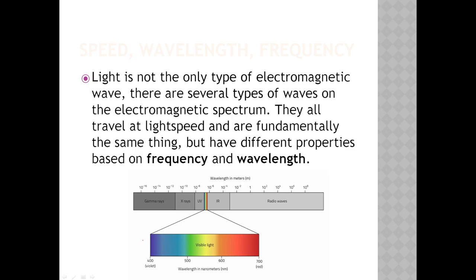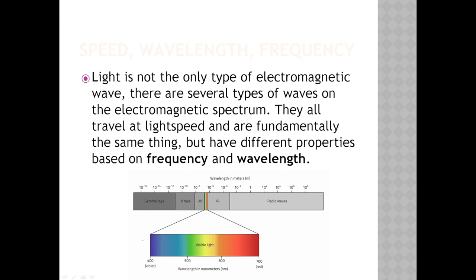And so different types of electromagnetic radiation all have different frequencies. For sound, frequency determines pitch, but for electromagnetic waves, frequency determines what type of wave it is, and if it's visible light, what color that light is going to be.